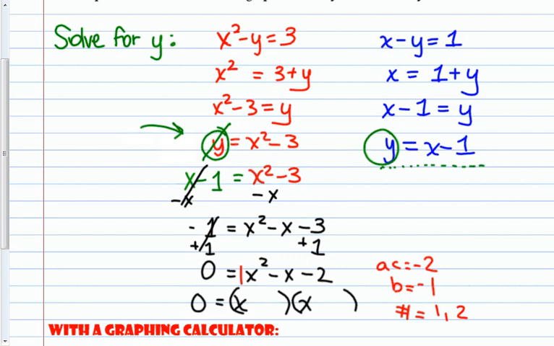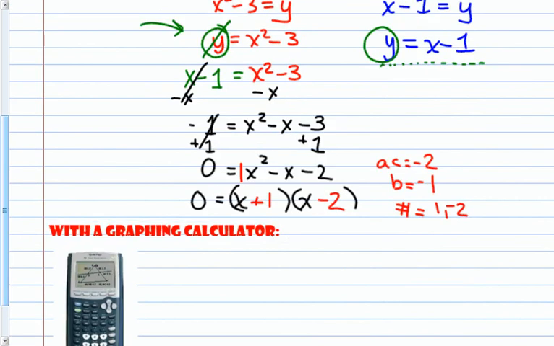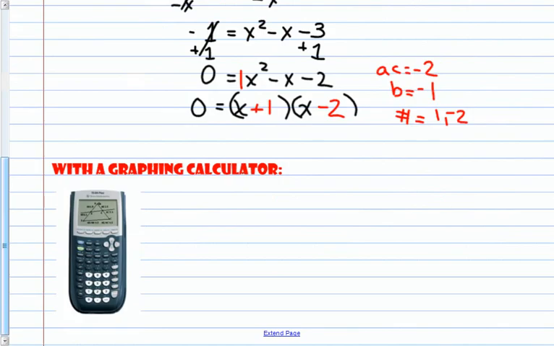So how can I make these add up to negative 1? Oh, let's make the 2 negative. And there we go. Plus 1 minus 2. And there are my answers. Using the zero product property, we get x equals negative 1 and x equals positive 2.